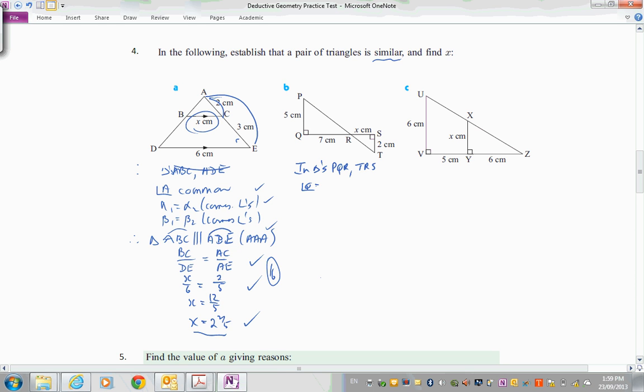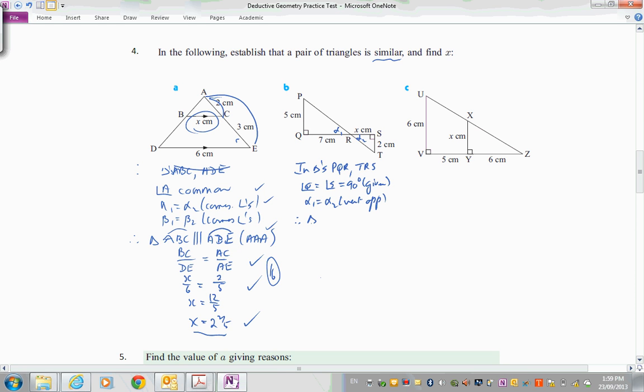Angle Q equals angle S equals 90. So that's given to us there. What else? Alpha 1 equals alpha 2, vertically opposite, matching up there. That's all we actually have to say.